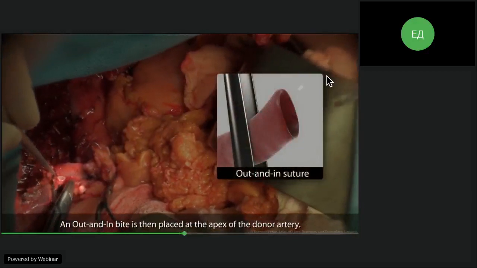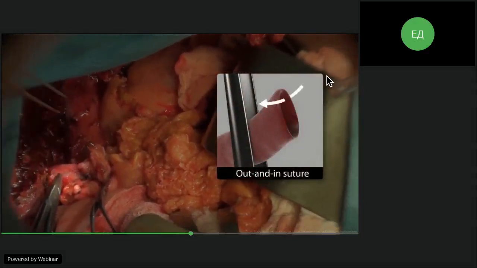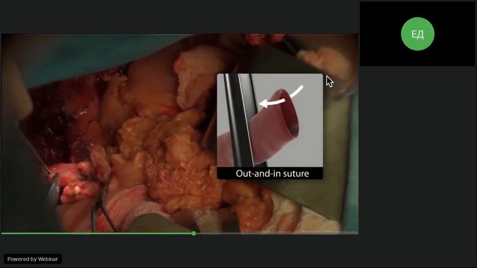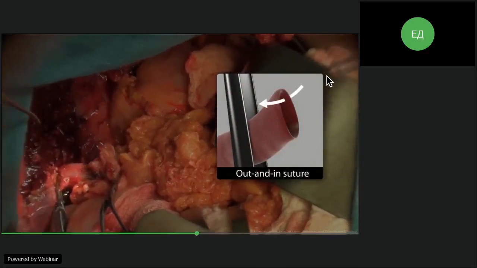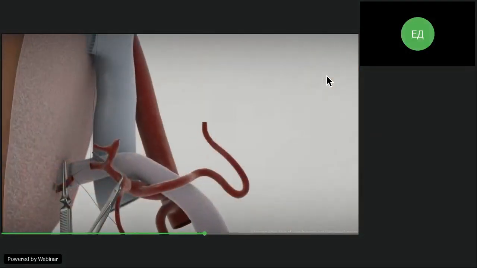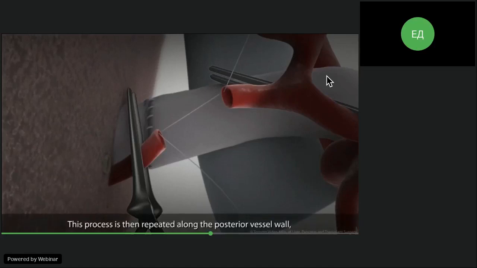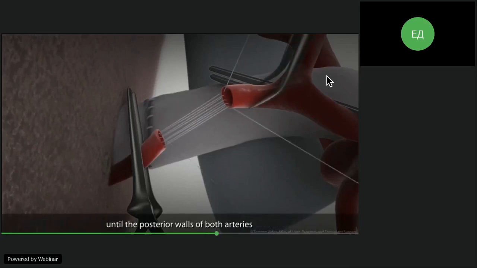An out and in bite is then placed at the apex of the donor artery. This process is then repeated along the posterior vessel wall until the posterior walls of both arteries are secured and oriented with a continuous suture.